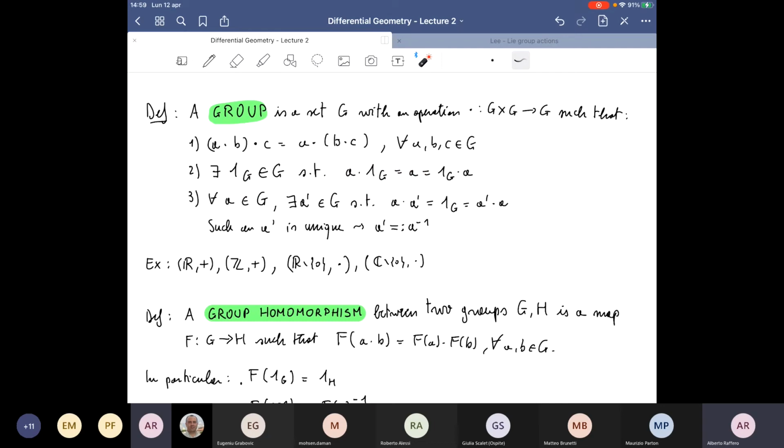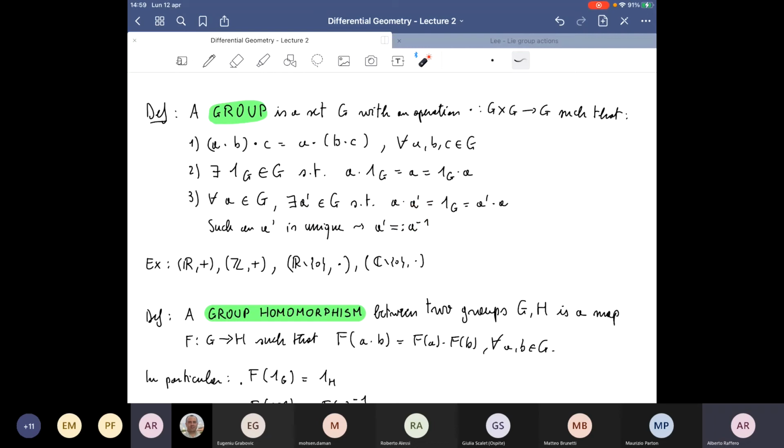And moreover, you want that for each element of the group there exists another element of the group, let's call it A prime for the moment, which multiplied by the element A gives you the neutral element. And you can show that such an element is unique, and you will denote this with the usual notation A to the minus 1.